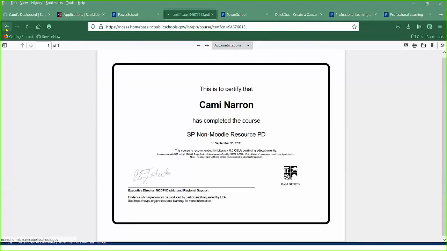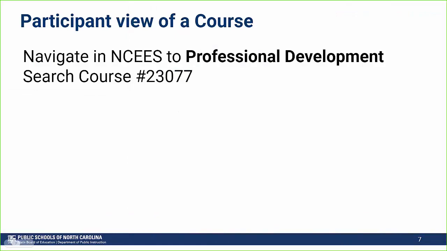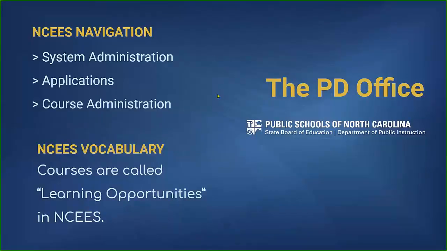All right, so let's get into looking at PD, so you know what you're doing next. In the PD office, NCEES calls courses learning opportunities, because they can be more than just a course. You might have PLCs you're awarding credit for, different things like that.